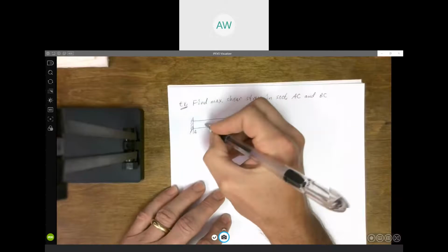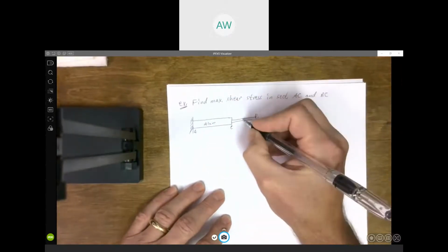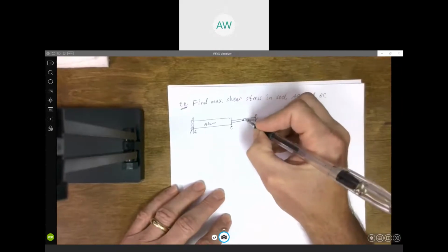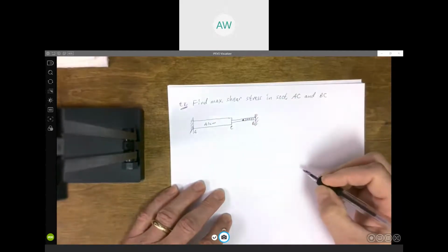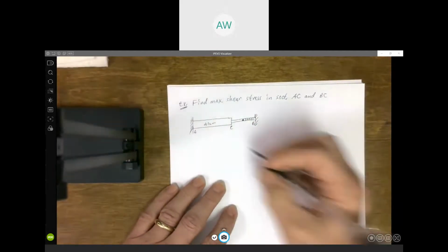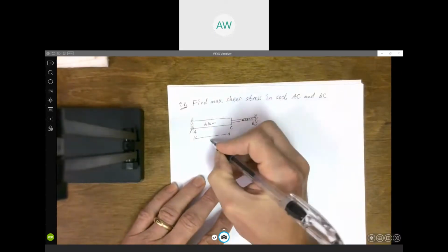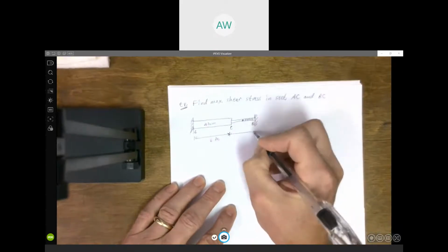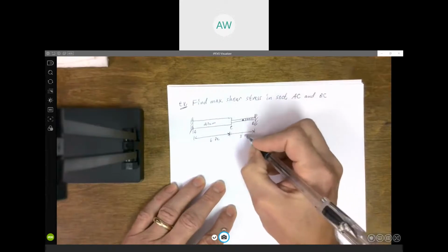This part is aluminum, and over here is steel. This aluminum part, AC, is 6 feet long, and the steel part, which my picture's not to scale again, is only 3 feet long.